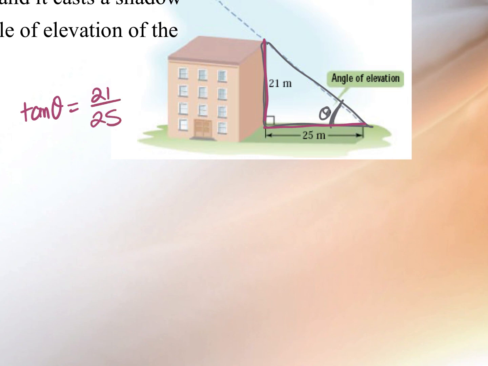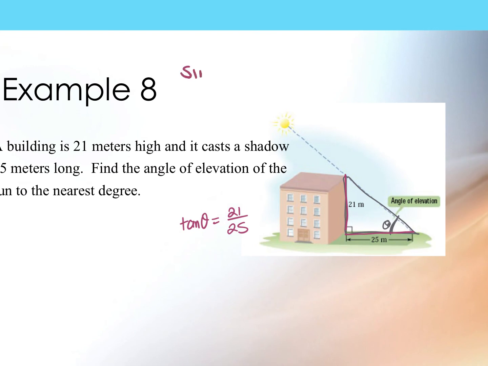Now this time I give you the information of the trig function and I'm looking for the angle, and that is when your negative ones come into play. So above your sine, cosine, tangents are the buttons that say sine -1, tan -1, cosine -1. And we use these to find the angle.